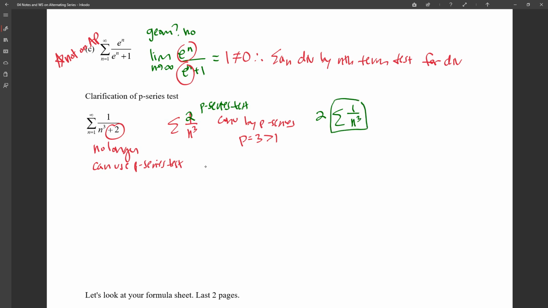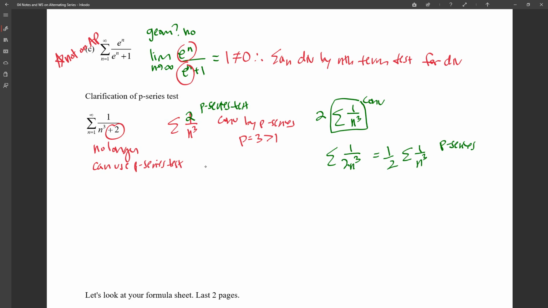And if this thing out here converged, then just because you multiplied it by 2, it wouldn't change the convergence or divergence of this series. All right, so it's okay to multiply by 2. It's also okay to multiply by 1/2. Okay, and this also, you could use the p-series test for this sort of problem.